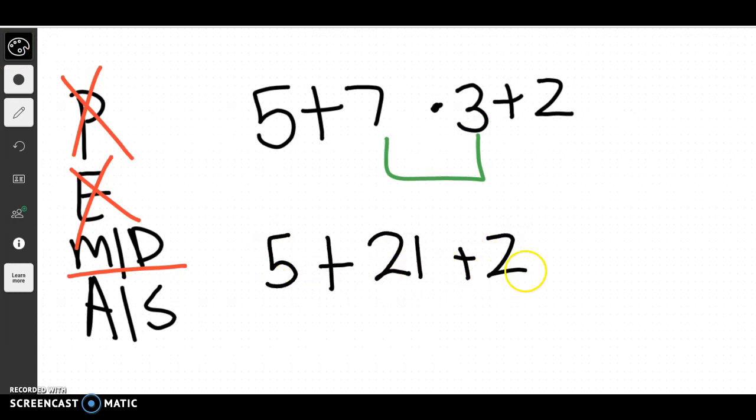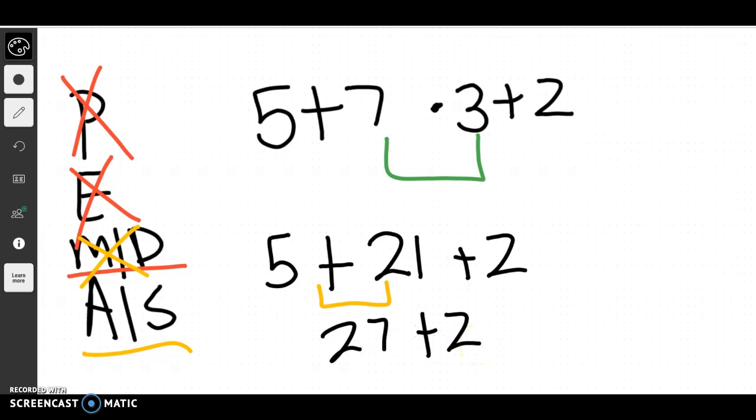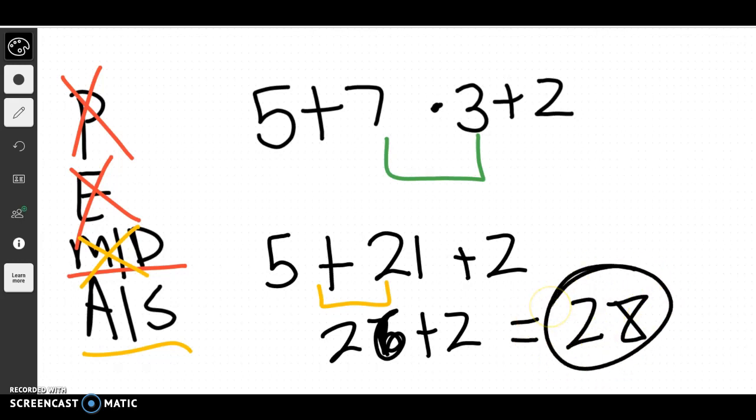And then again at this spot, they're all the same operation, which is addition and subtraction. So we're going to go from left to right. Whoops, that'd be 26, because 5 plus 21 is 26. And that's going to be equal to 28, which would be my final answer.